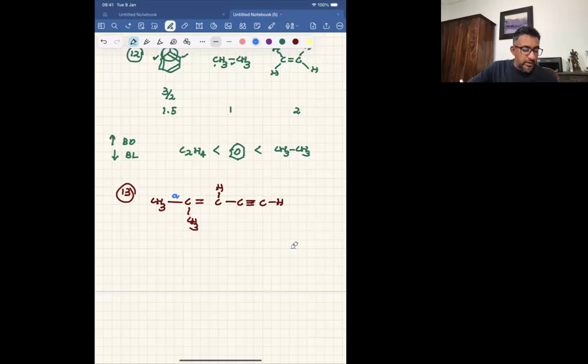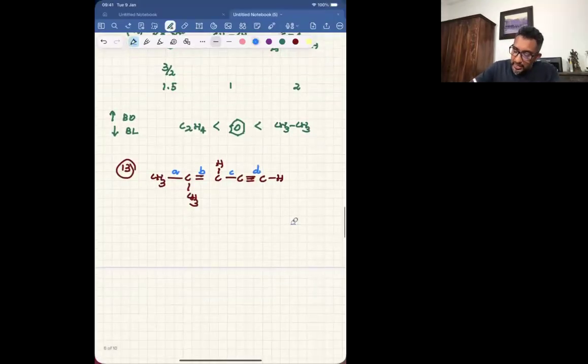A here, B here, C here, and then this is D. Carbon-carbon bond length. So A is what? sp3, sp2 hybridization. This is sp3, this is sp2. B is sp2, sp2 hybridization.